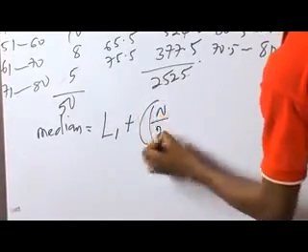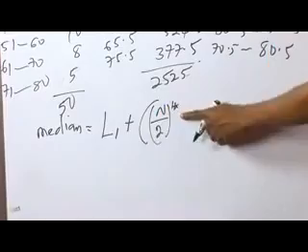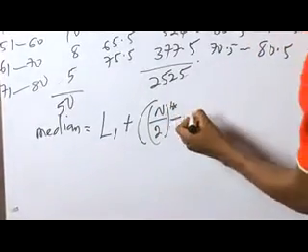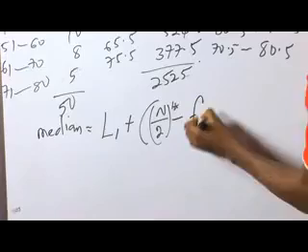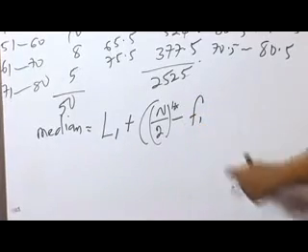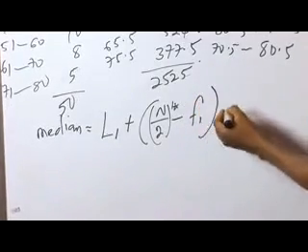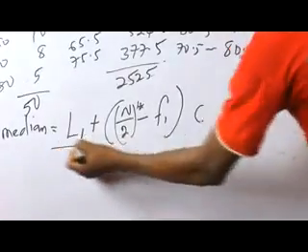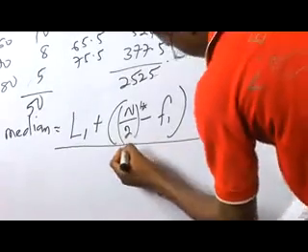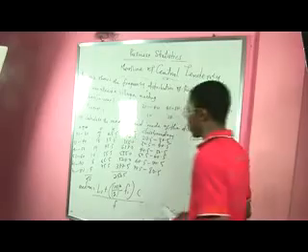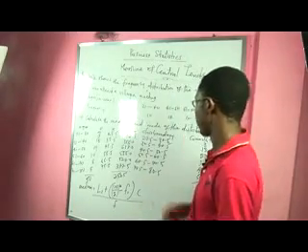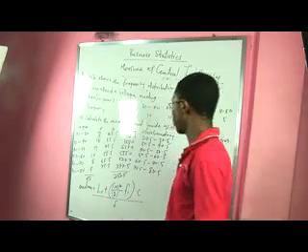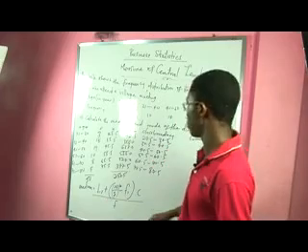N over 2 in terms of the position, which is going to be subtracted from our cumulative of that particular class, the class width all over what? All over F, which is the frequency of that median. So how are we going to do that? So we're going to pick that value. This L signifies the lower limit of the median.